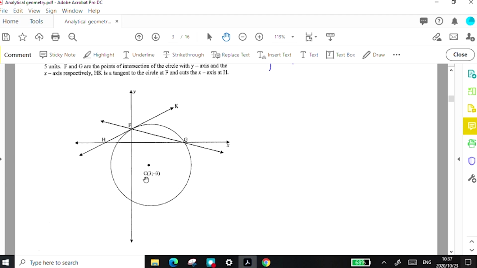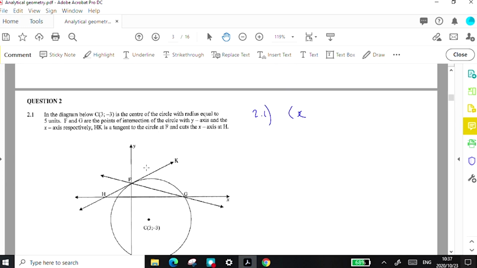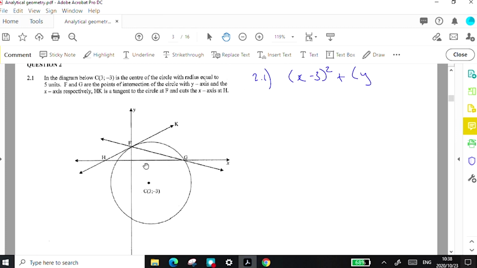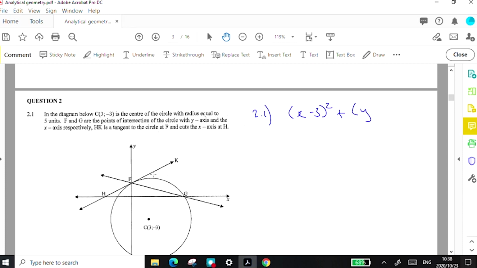Since x is shifted 3 units to the right, we have x minus 3 whole squared plus y, which is also shifted 3 units down. Since y is shifted 3 units down, we should add 3 whole squared, and that should be equal to the radius squared. We're given the radius is equal to 5 units, so this should be equal to 5 squared, which is 25.